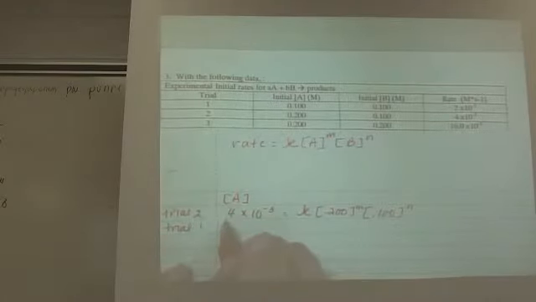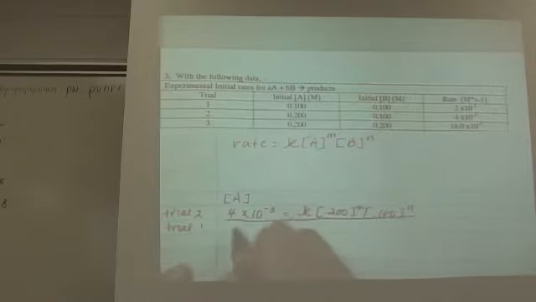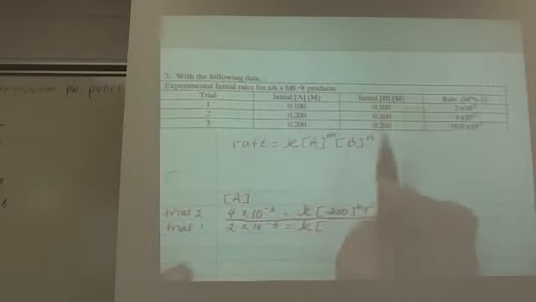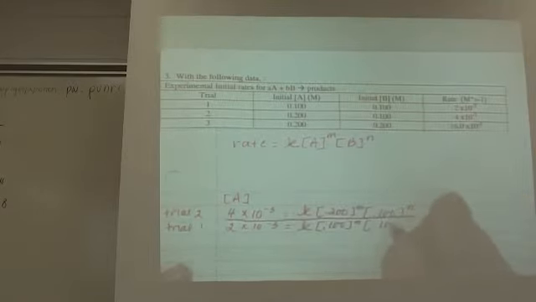I'm going to compare that to trial 1, where the rate is 2 times 10 to the negative 3, equal to k, the rate law constant that I have not determined. This time A is 0.1, raised to some power, and B is 0.1, raised to some power.